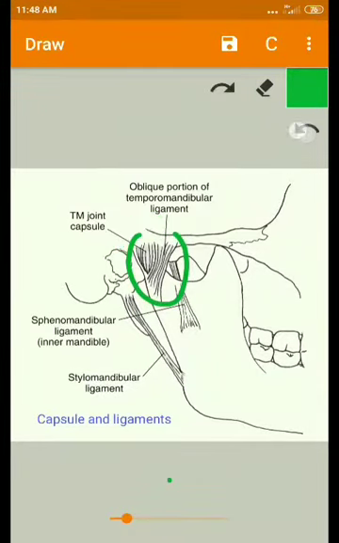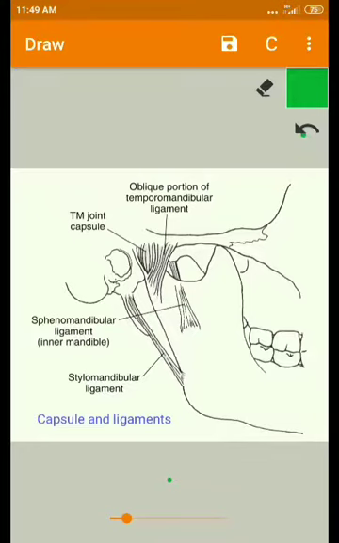The motion can be enhanced or restricted depending upon the flexibility of the capsule and the ligaments. The capsule is also called a capsular ligament because it gives support to the joint and attaches the two bony parts.